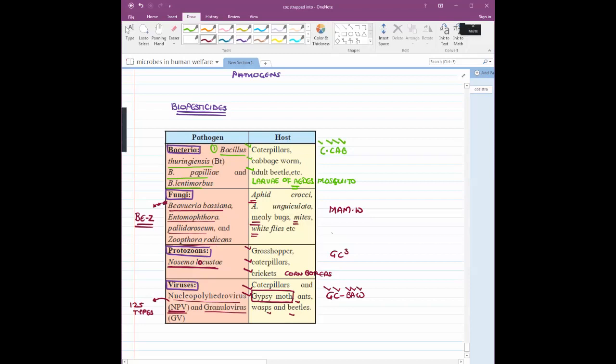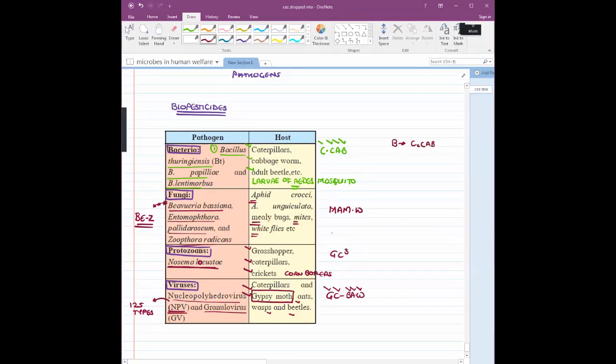Now, guys, I know this is going to be a little confusing the first time, but as you move ahead and keep reading this again and again, slowly it is going to fit into your brains. So just remember: when we talk about Bacillus, you are talking about CAB.